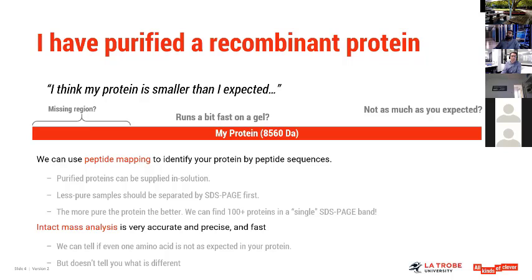So yeah, for peptide mapping, you can supply your proteins in solution. If it is not pure and you've got a mixture, it's probably best to separate it by SDS-PAGE and cut a single band out. Keep in mind though, our instruments are very sensitive, and even when you think you've cut out a single band, we can find 100 or more proteins in single bands.